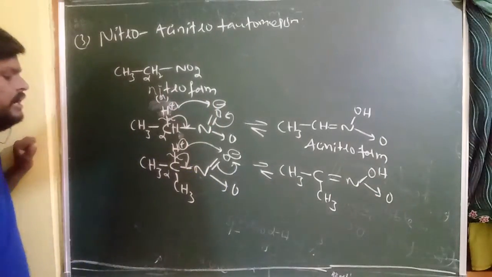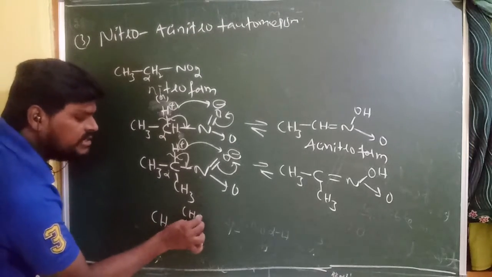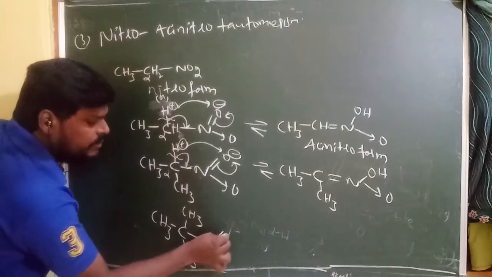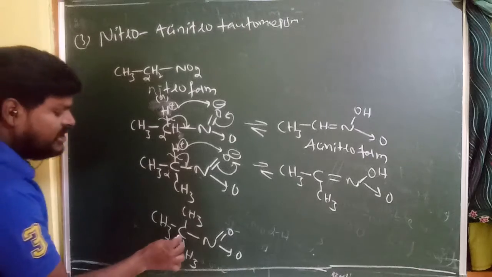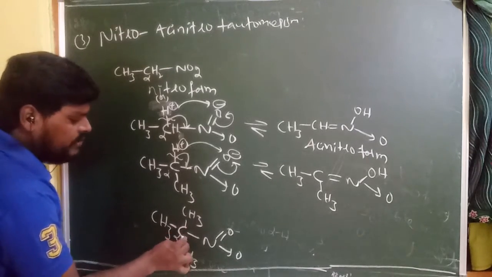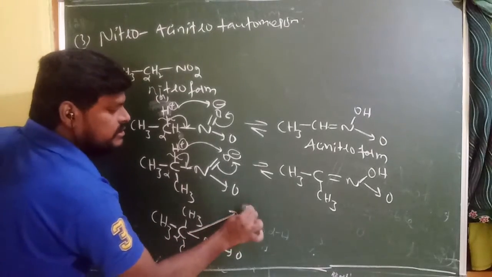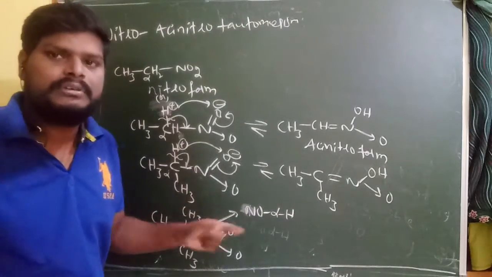Now I want to add one more example, with the last hydrogen replaced: N double bond O. Still it is an alpha carbon, but this alpha carbon does not have an alpha hydrogen. I told you already, no alpha hydrogen, no tautomerism.